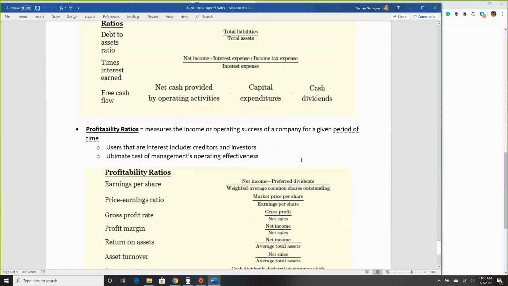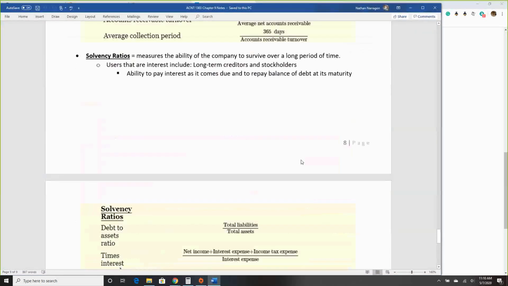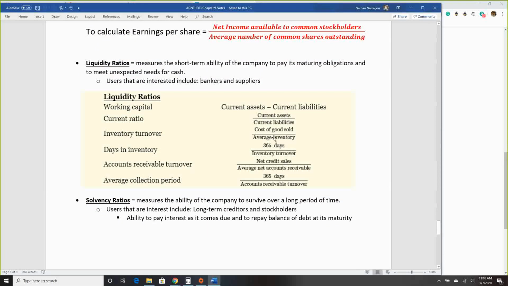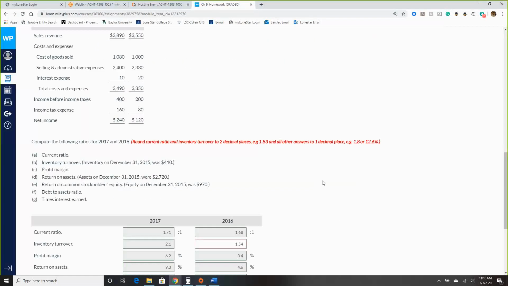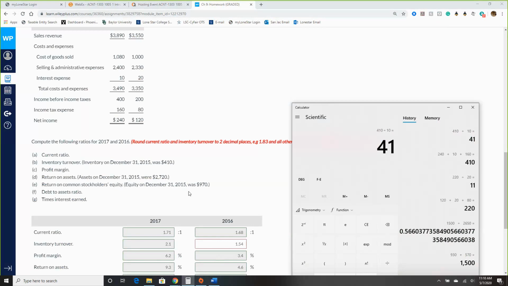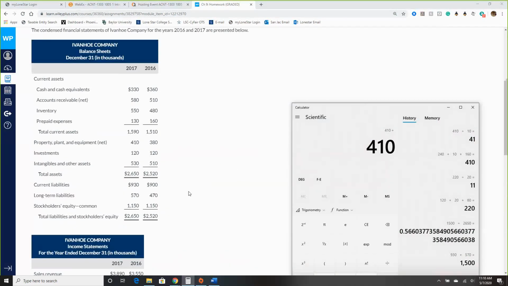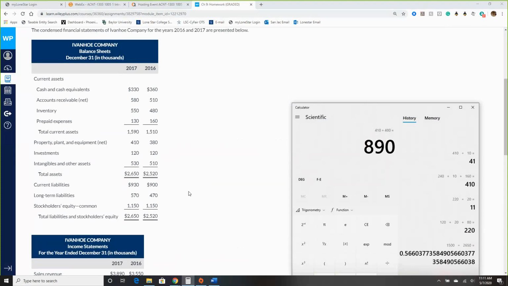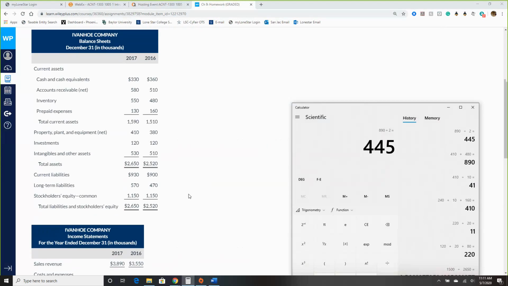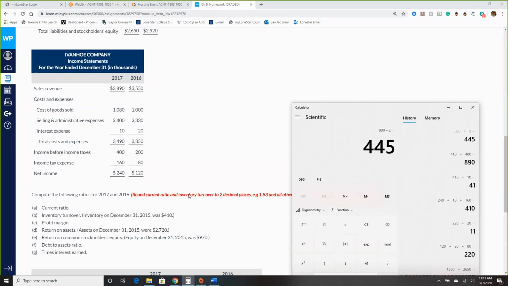Again, inventory turnover is cost of goods sold divided by average inventory. 410 plus 480 divided by 2. 445. 1,000 divided.